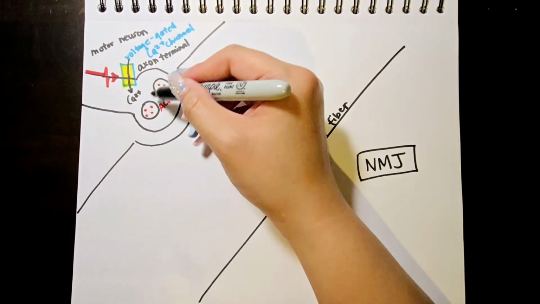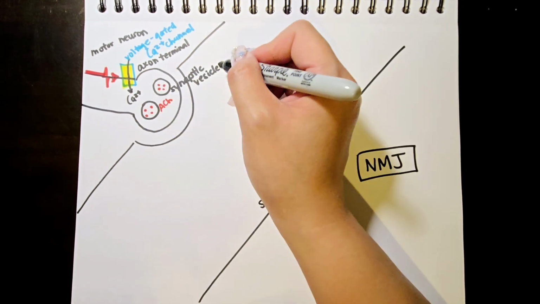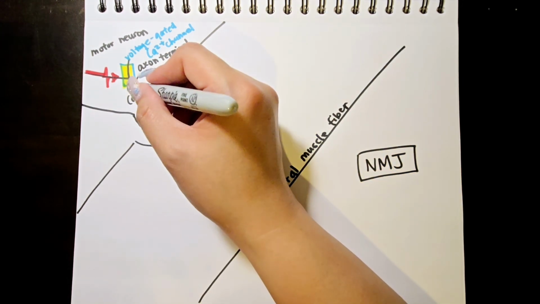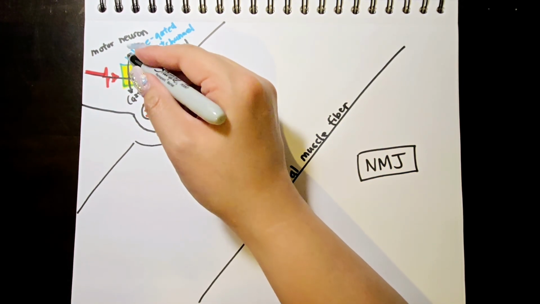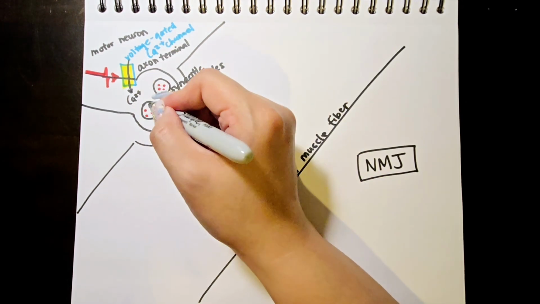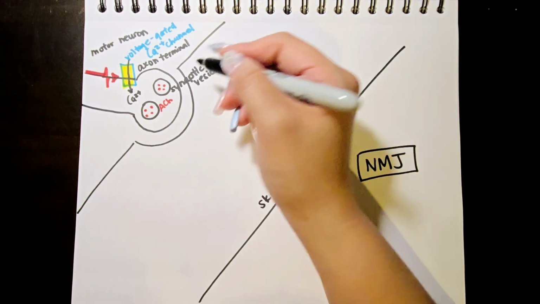Now, these neurotransmitters are already made and contained within the synaptic vesicles, and they will do nothing unless they see calcium.